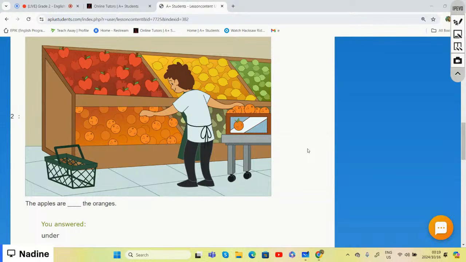It says the apples are the oranges. Look at where the apples are. Look at where the oranges are. What can we say? Where are the apples compared to the oranges?